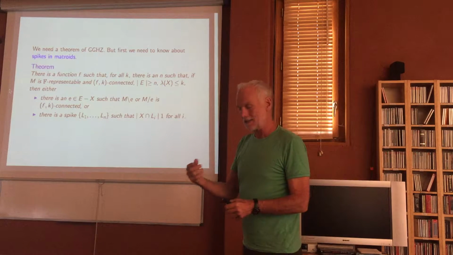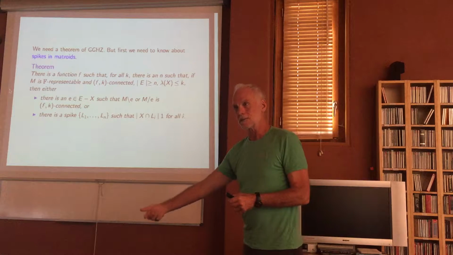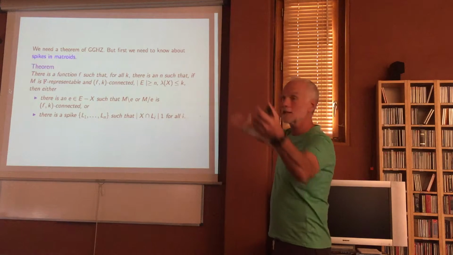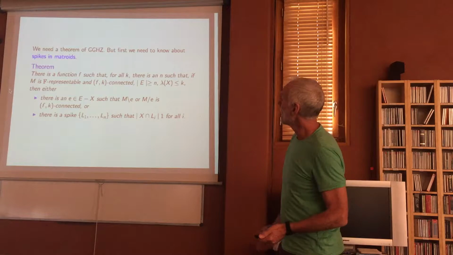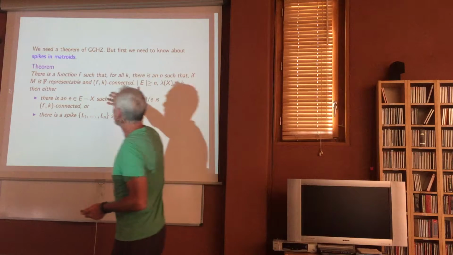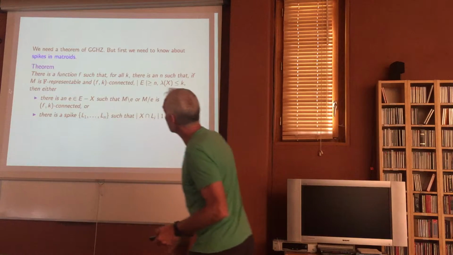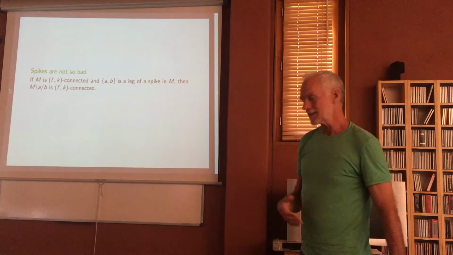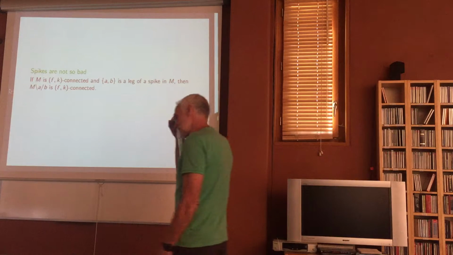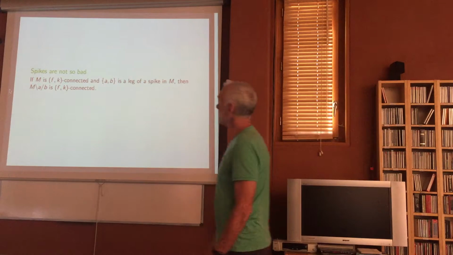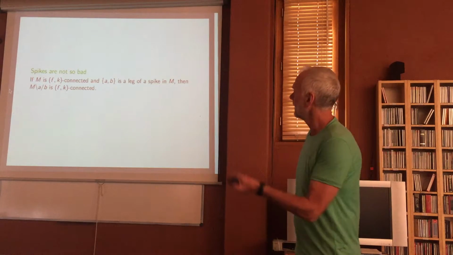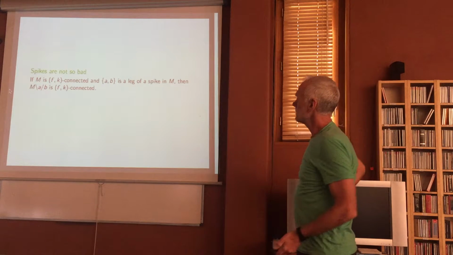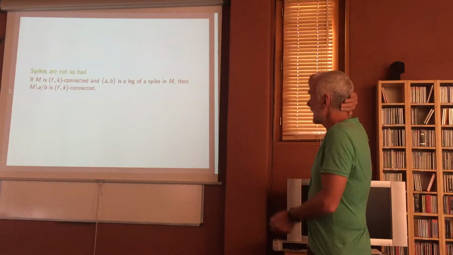So that's starting to tell you that, apart from the issue of these spike three separators, you can find, in a sufficiently large FK connected matroid, there exists a function, right? Again, we're not saying what this function is. Now the other thing is that spikes are not so bad. At this stage in the paper, you've got a proof of a bunch of lemmas about spike-like three separators, which are very similar to well-known lemmas about spikes or spike-like flowers in other situations, so it's all very standard stuff.